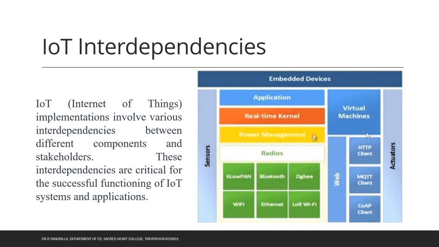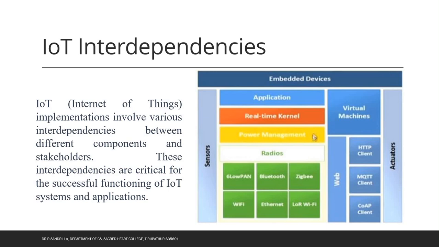As you can see in the figure, several interdependencies are involved in the implementation of IoT. Between the sensors and actuators, we have a lot of technologies which are interdependent. The sensors sense the data, and the sensed data will satisfy the application requirements.